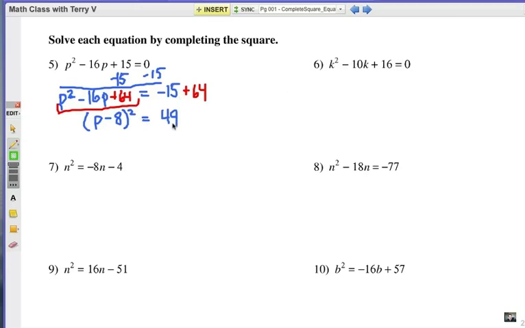Yep, it's 49, and now I have to take the square root of each side. So p minus 8 equals plus or minus 7. Remember that both signs are possible for that square root. Now I need to get p by itself, so the last step is to add 8.